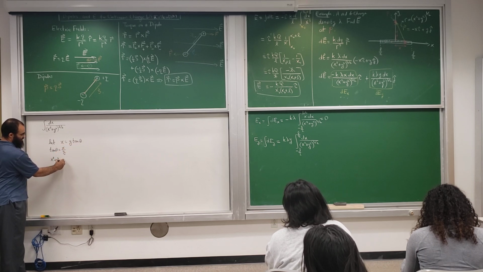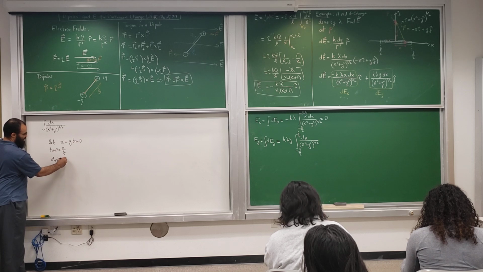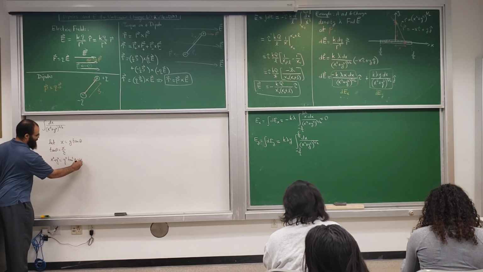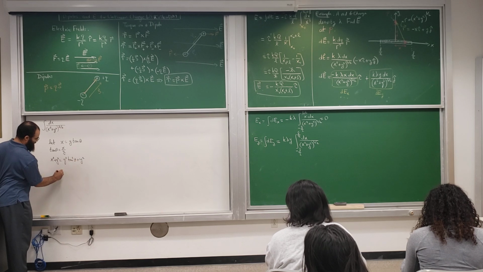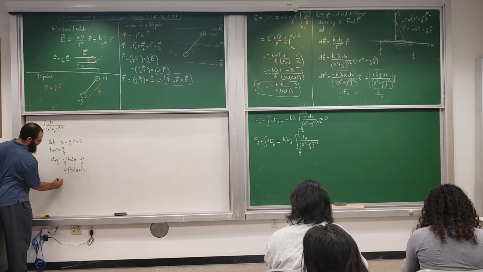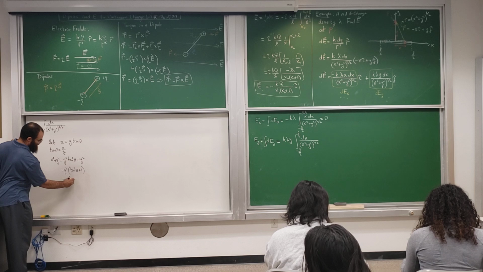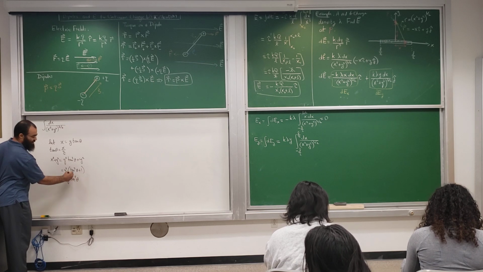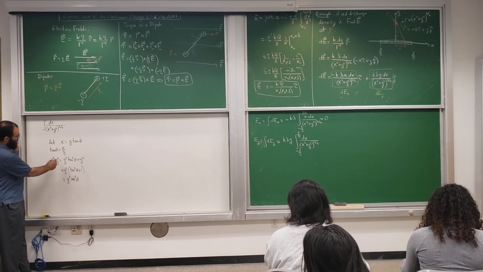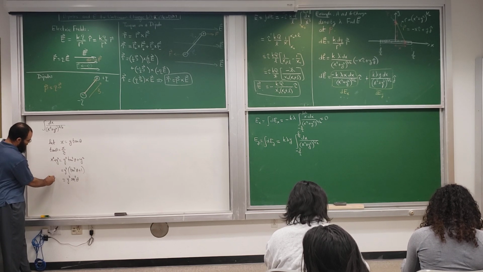I get y squared tan squared of theta plus y squared, which is y squared times tan squared of theta plus 1, which is y squared times secant squared of theta. Tangent squared plus 1 is secant squared. So that's the bottom part, that's the x squared plus y squared.